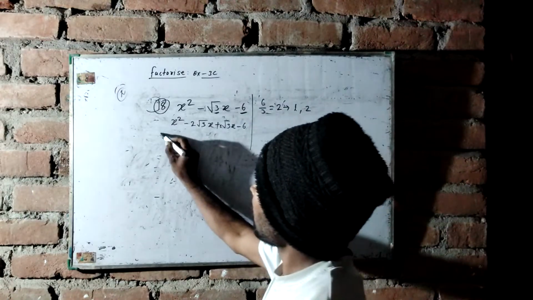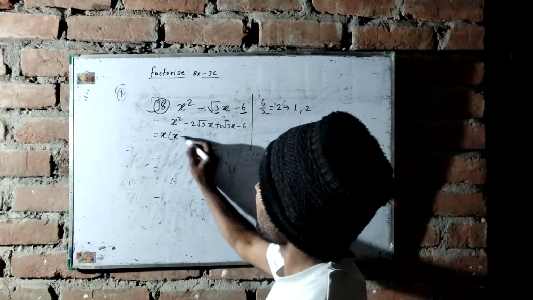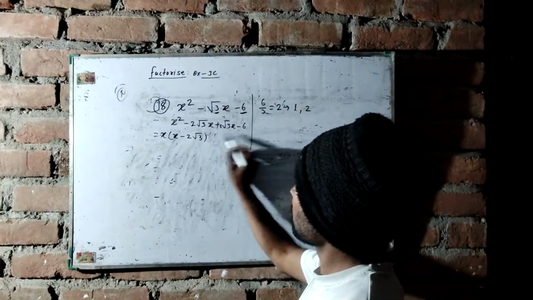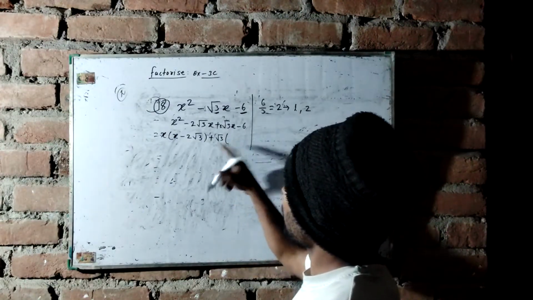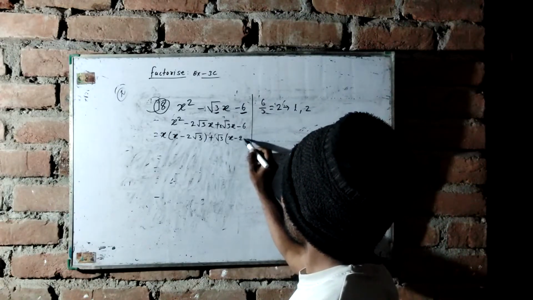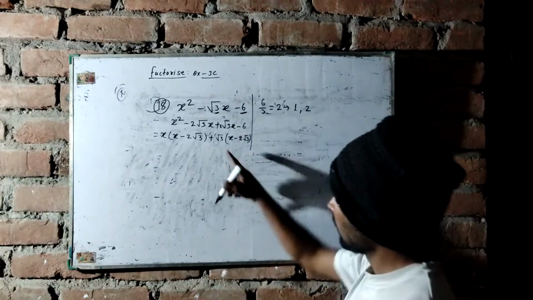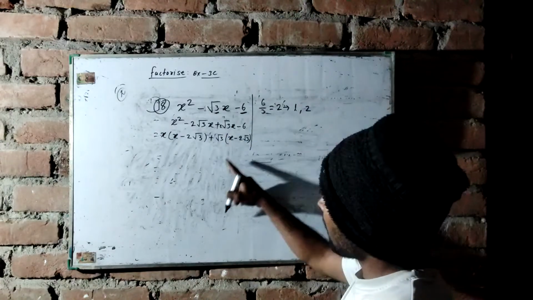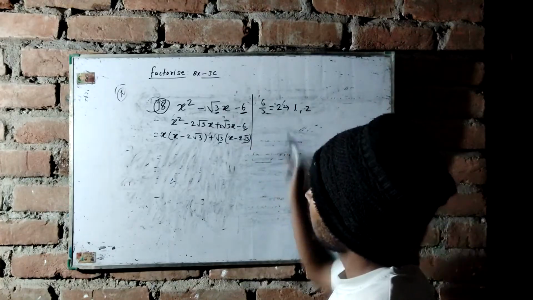Now we can take x as a common, and we can write x minus 2 under root 3 as a multiple, and we can also take root 3 as a common, and we can write x minus 2 under root 3 as a multiple, because after multiplying this and this you can get this, and after multiplying this and this you can get this.